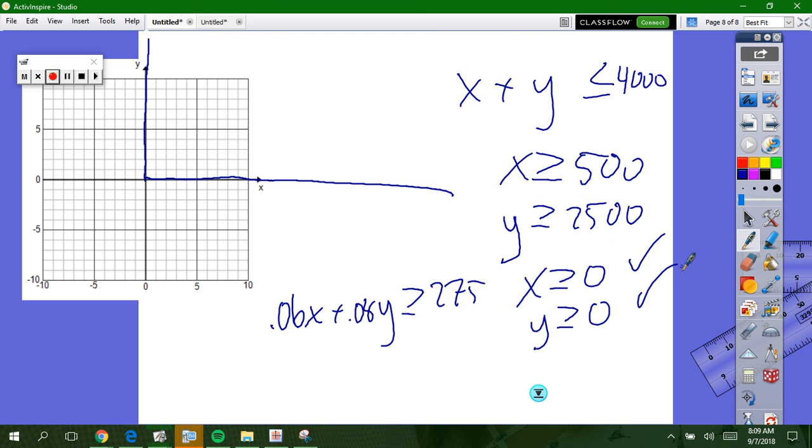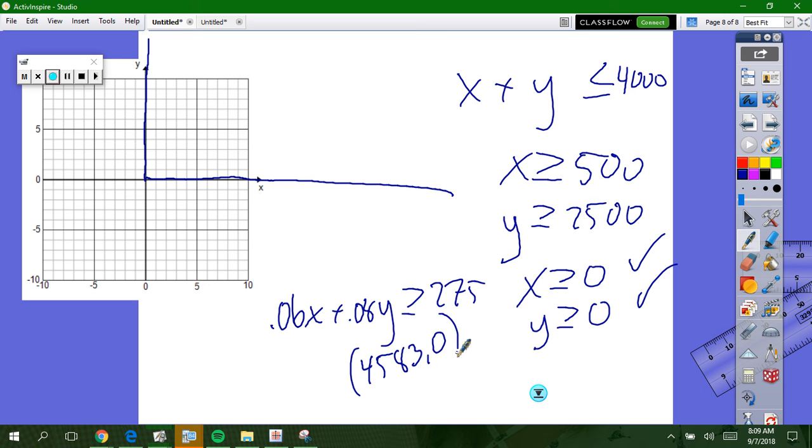All right, how do you guys want to do our increments here? Can somebody do me really quick this so I know here? Let's find our x-intercept of this equation. You have your calculator out for me, Landon? You go 275 divided by 0.06. 4,583 would be my x-intercept there.